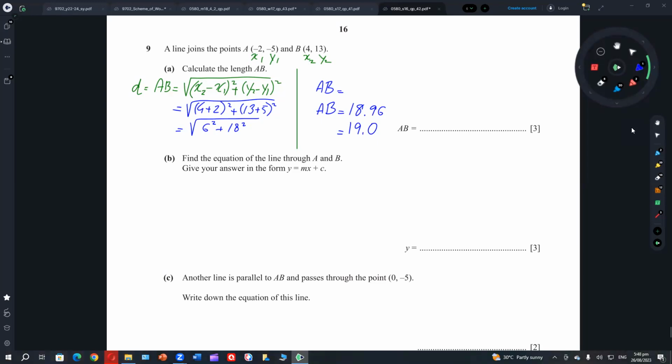This is looking to be their favorite question. So we have A and B. So first we find the gradient.